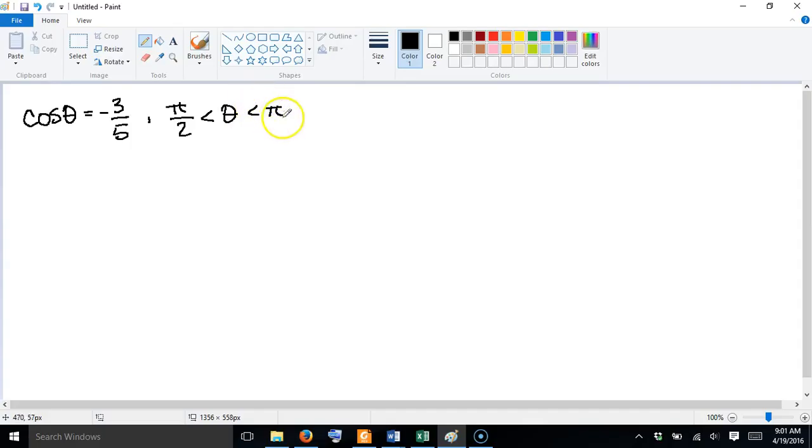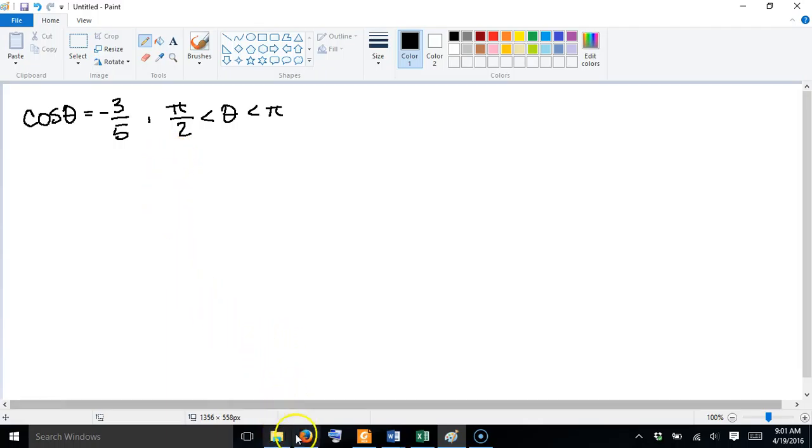We're asked several questions here, and this is probably how it's going to show up on your test too. We're asked to find the double angle values for sine, cosine, tangent, and then the half angles. I'll probably do all three on the test, but here it just lists cosine and tangent for this problem. So let's get through this one.